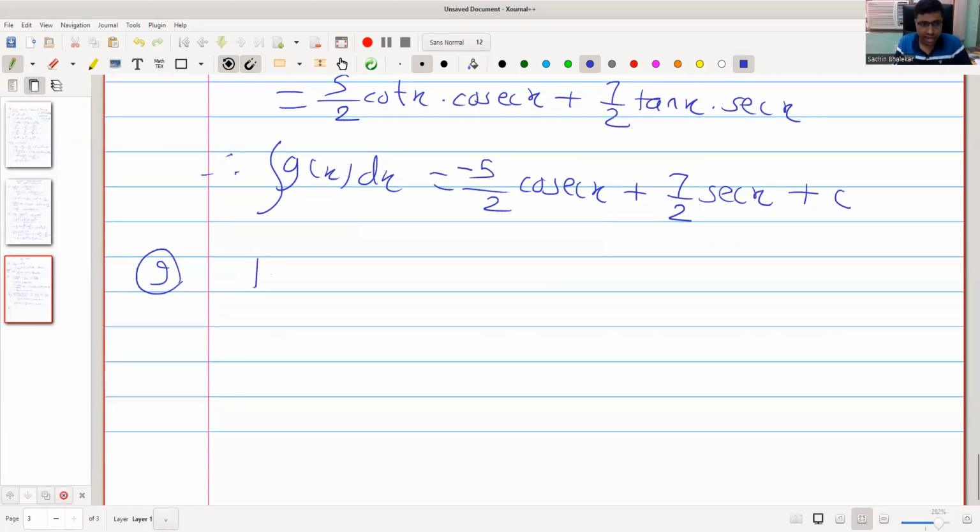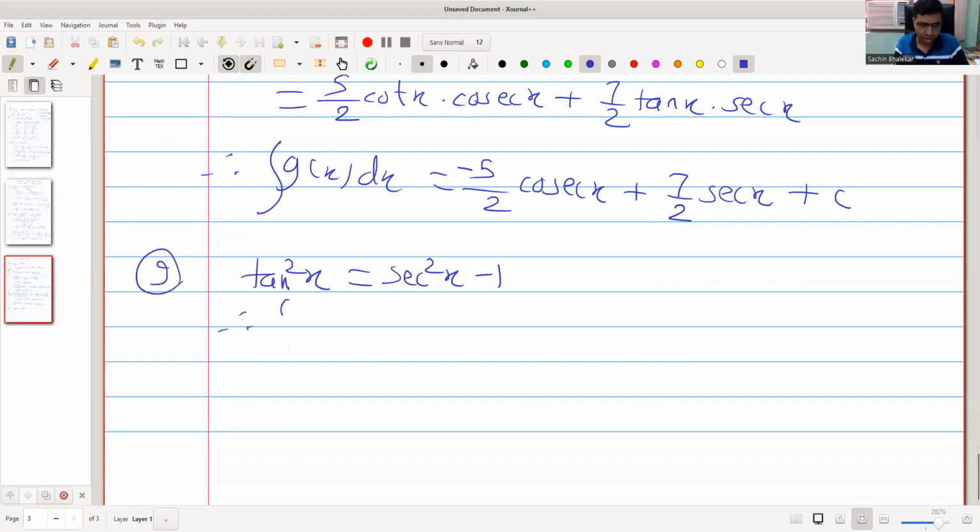Our given function is tan square x. So how to integrate this? We know that 1 plus tan square theta is sec square theta. So tan square x can be written as sec square x minus 1, and this we can integrate. We know integral of sec square is tan x.